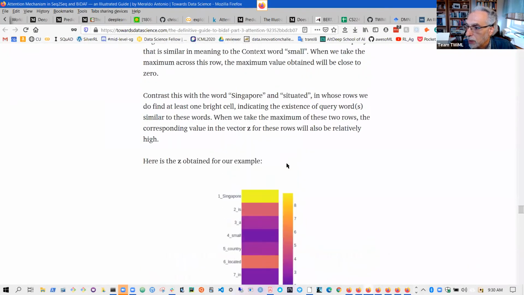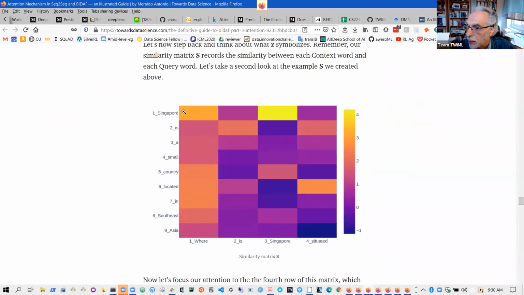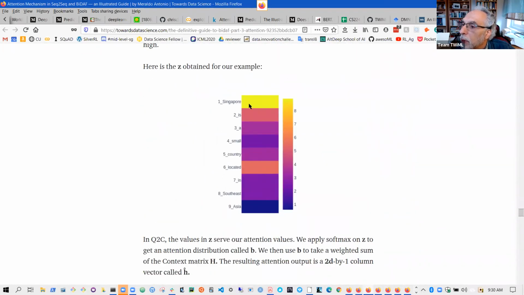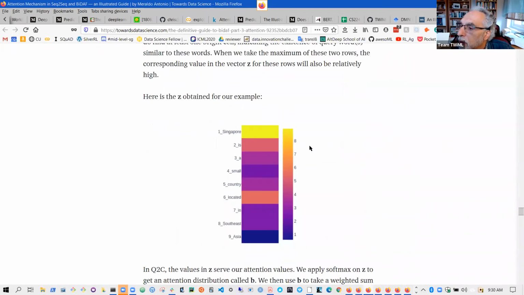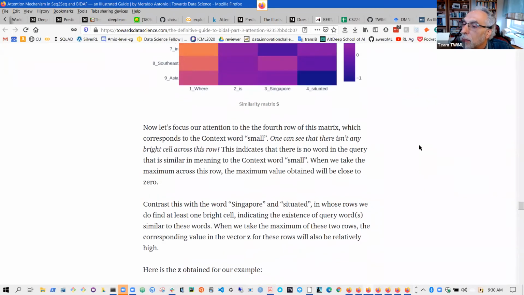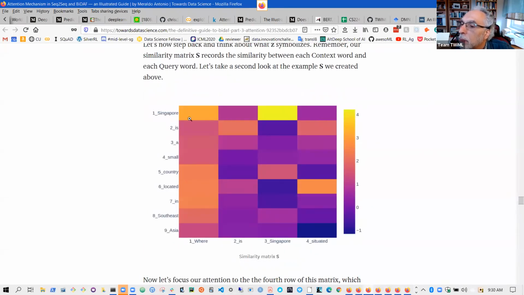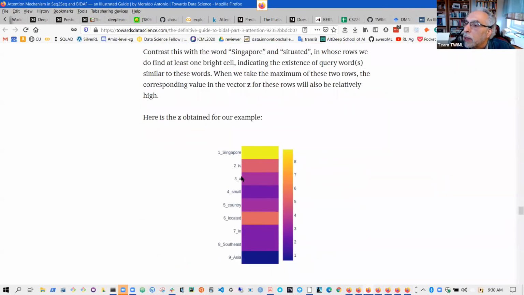And so if we look, we can see the maximum of row 1 is going to be 4, right? It's this. Now I'm confused because that says 8 here. I mean, he said that there's a similarity matrix. Row 1 has the maximum here, which corresponds to a value of 4. But in here, it's mapped to 8, and I don't understand that.